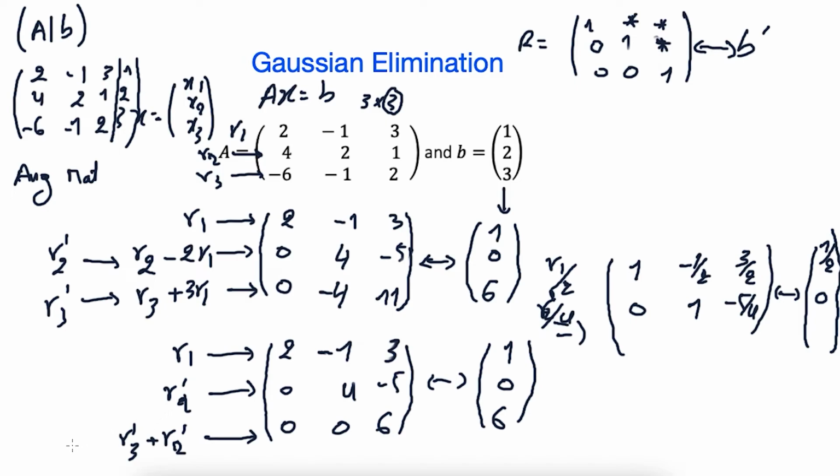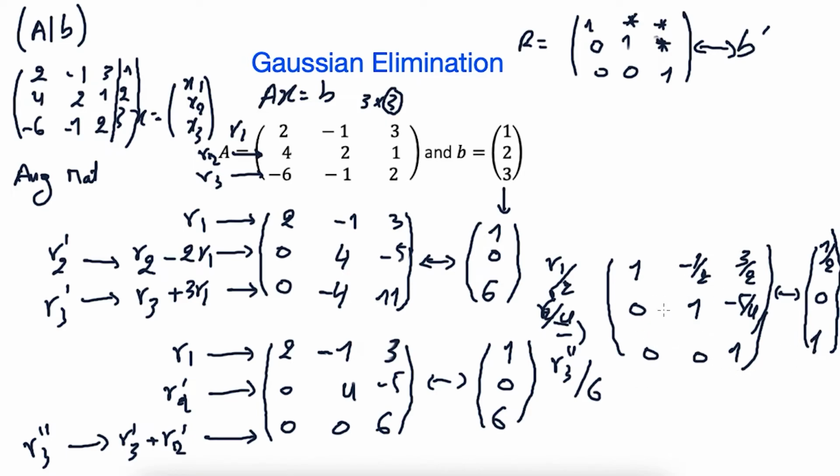And this row here we call R3 double prime, so it will be R3 double prime divided by 6, so these two entries are 0, and here is 6 over 6, which is 1, and here also 6 over 6, which is 1 also.